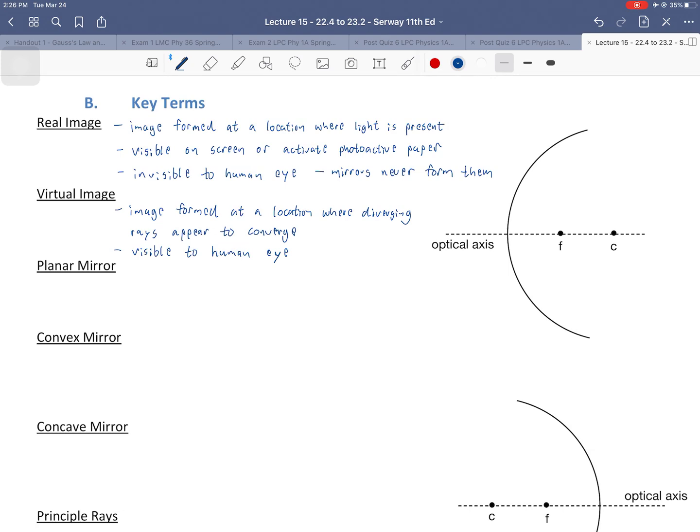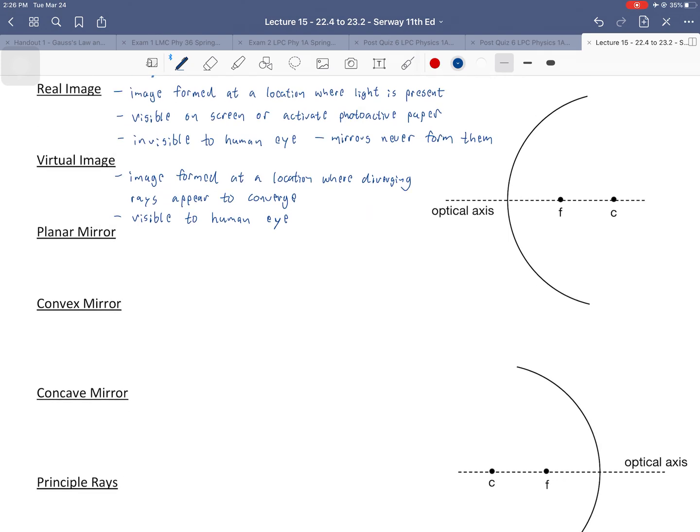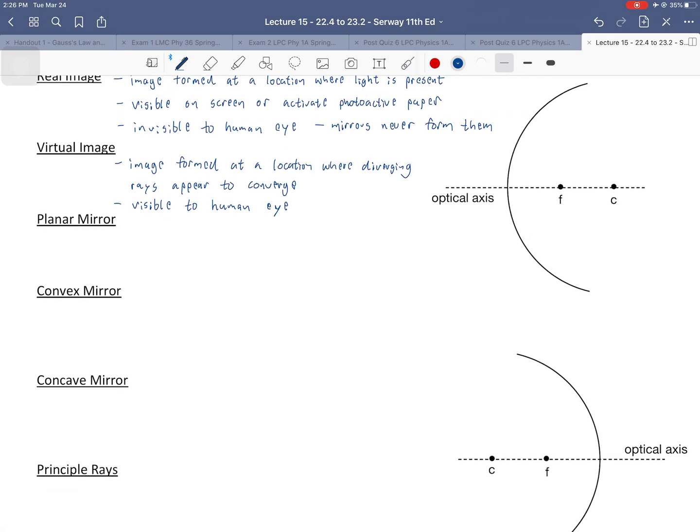Okay. So then the three types of mirrors are our next idea, and that's going to be plane mirrors, convex mirrors, and concave mirrors. So a plane mirror is a flat mirror with no curvature.